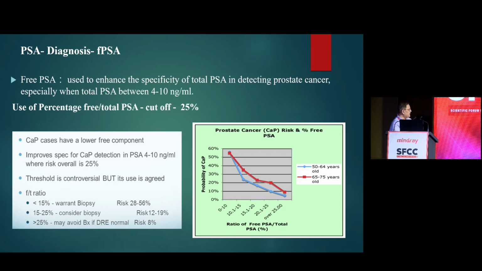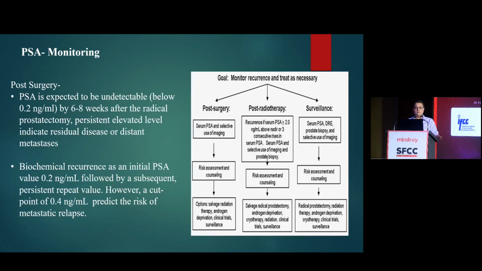If the ratio is 15 to 25%, the risk is 12 to 19%. And if the ratio is above 25%, you may avoid a biopsy, just follow up with a DRE, and the risk becomes as low as 8%. So that's the cutoff of 25% recommended as a guideline to interpret the free to total PSA ratio.